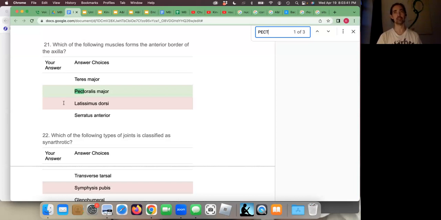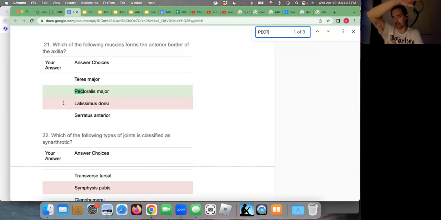Okay, so I guess if you raise your arm, the axilla is the armpit. If you look at it as like a cave or a hole, like a fossa, the front of it would be formed by the pectoralis major, and the back would be formed by the latissimus dorsi. Serratus anterior would be a little bit below that. It wouldn't actually form the fossa.